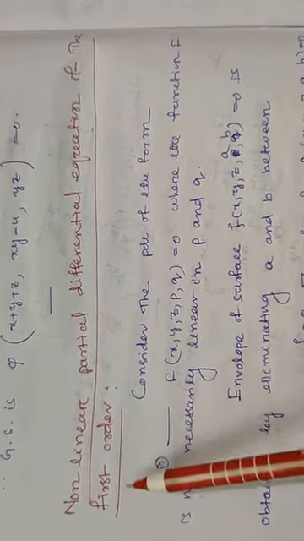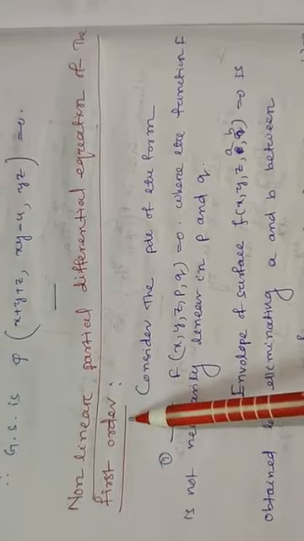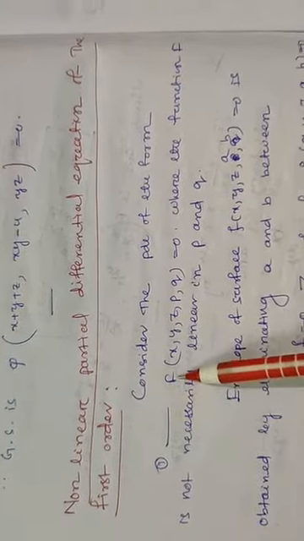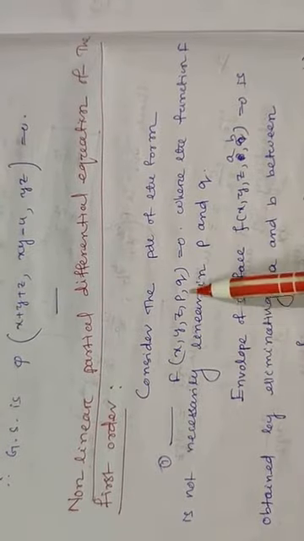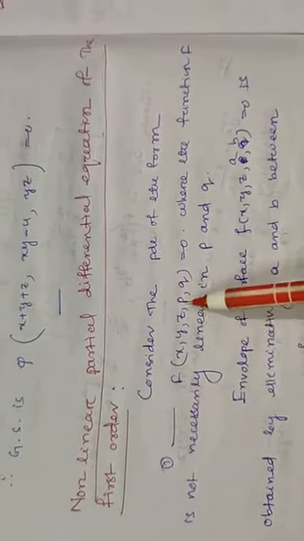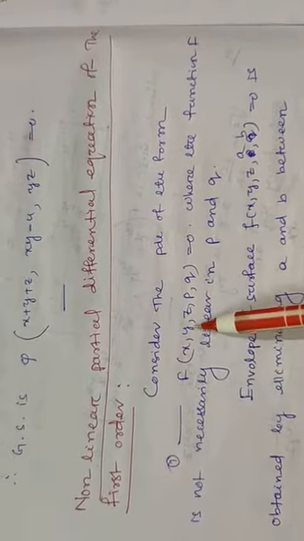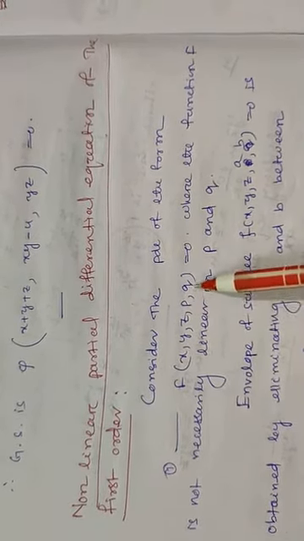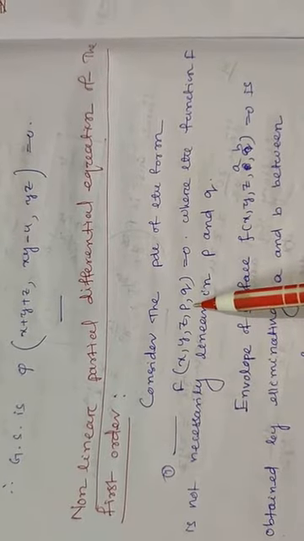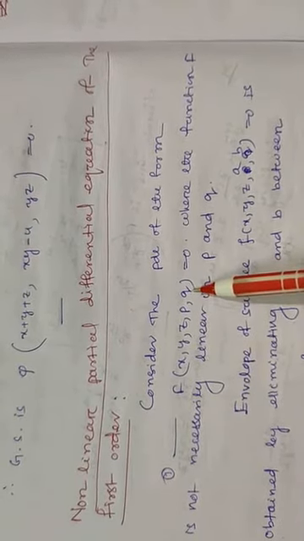Here we consider the first order PDE, but it is not necessarily linear, and the general form is f of x, y, z, p, q is equal to 0, where x and y are independent variables, z is the dependent variable, and p and q are first partial derivatives with respect to x and y respectively.